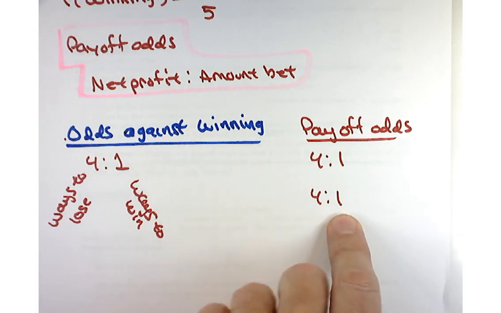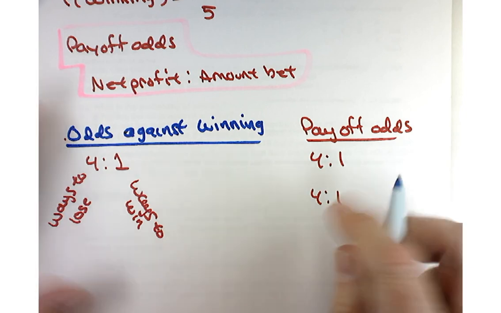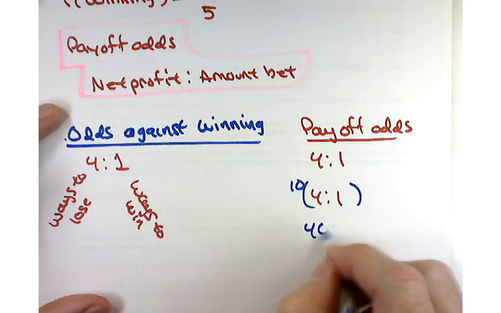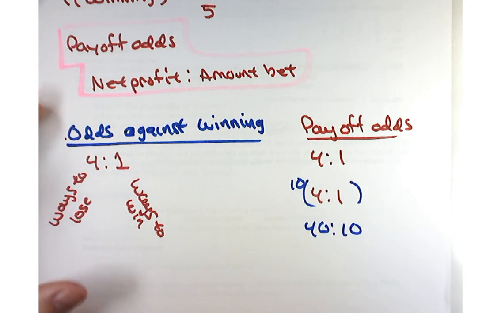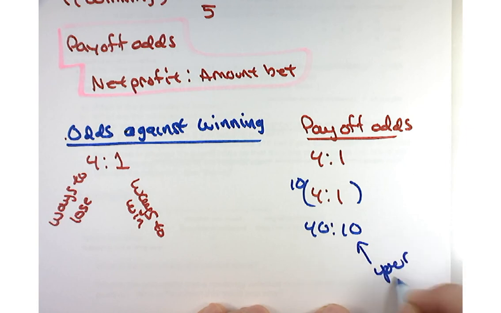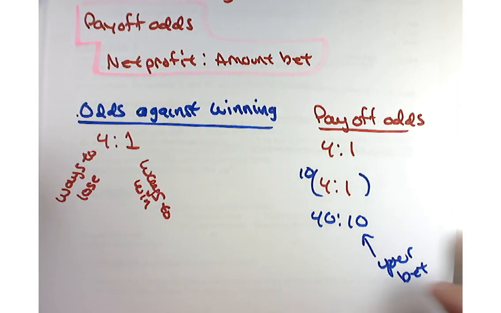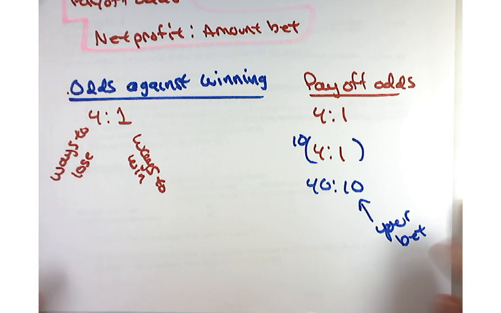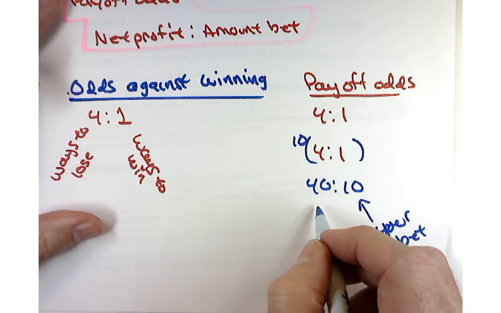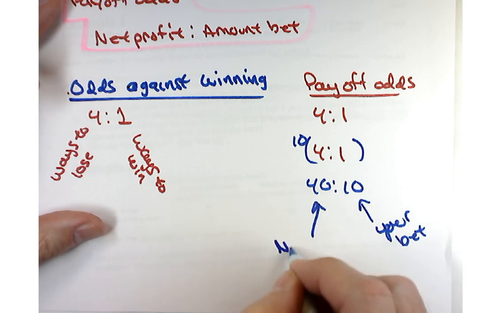What would I have to multiply both sides by to make this 10? 10. And if I do that, I get 40 to 10. This is how much you bet. How much is your profit? The 40? 40. That's your net profit.